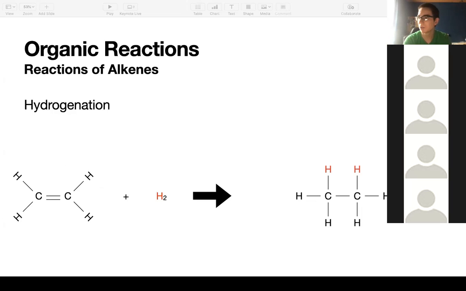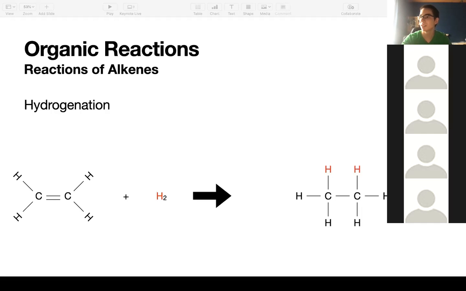So now we're going on to reactions of alkenes. These are reactions that involve double bonds, usually breaking them. In this case, only breaking them. The first reaction that goes through in your workbook is hydrogenation.